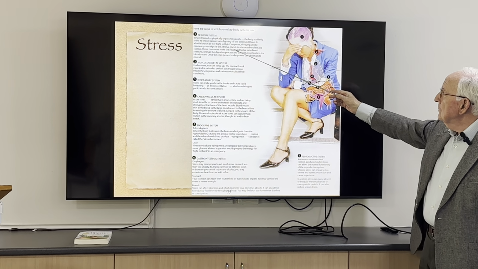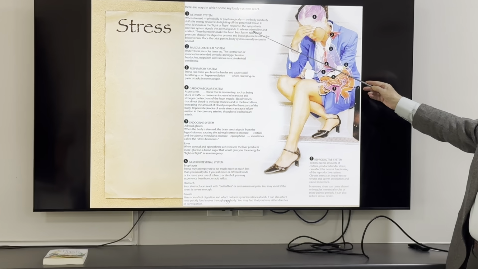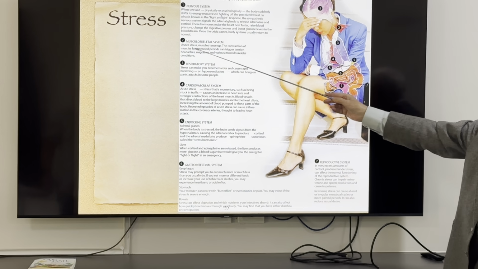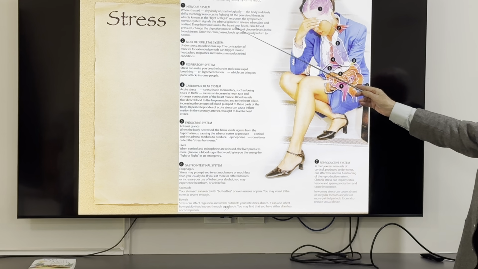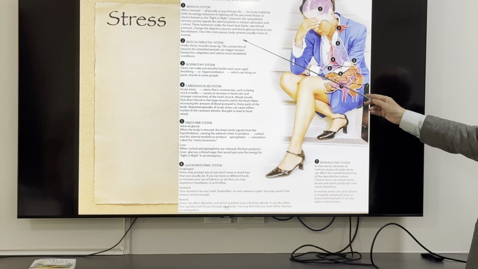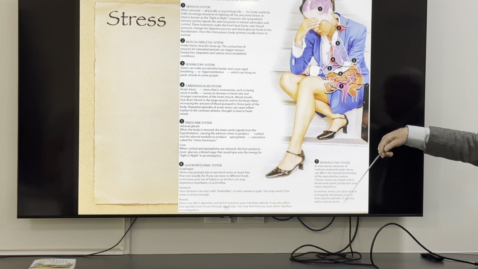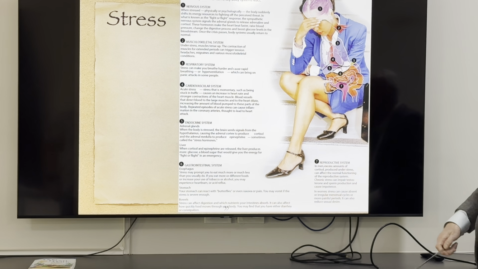The sympathetic nervous system signals the adrenal glands to release adrenaline and cortisol. Not a good thing. These hormones make the heart beat faster, raise blood pressure, change the digestive process, and boost glucose levels in the bloodstream.